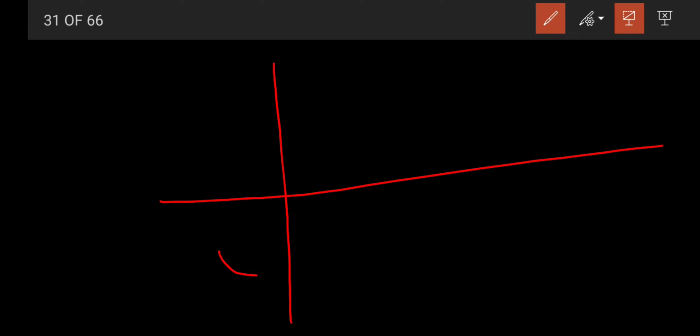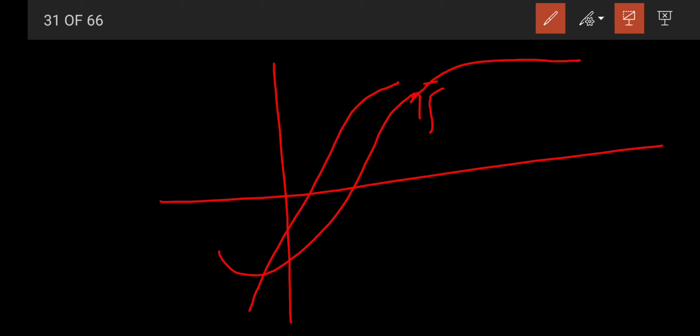Continuous function: if one part ends at 15, the next starts from the same point. Otherwise, in a discontinuous function, if it ends at 15, something will start from somewhere else, so there is a discontinuity or gap.